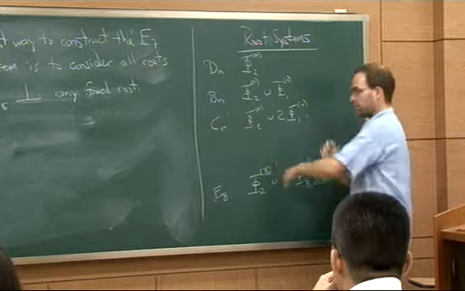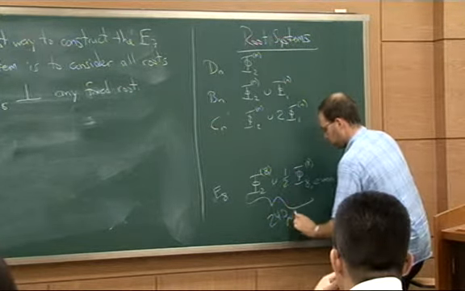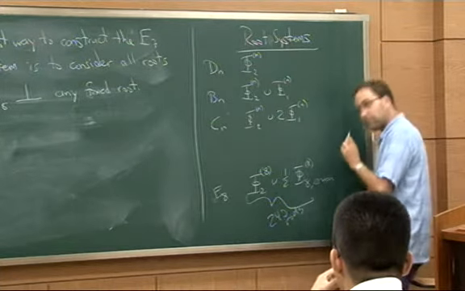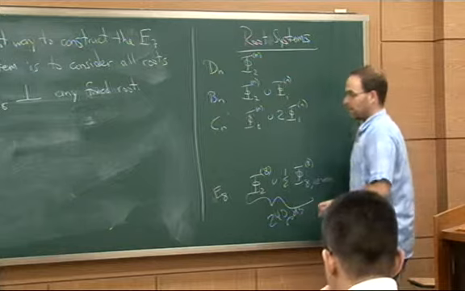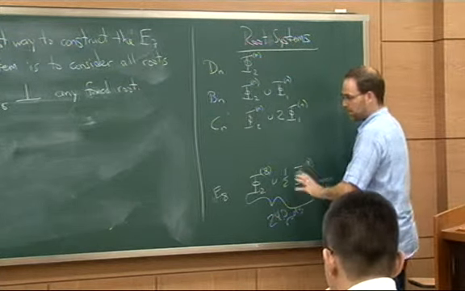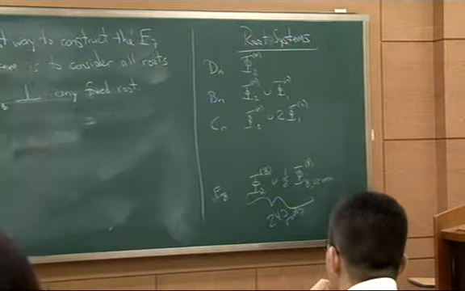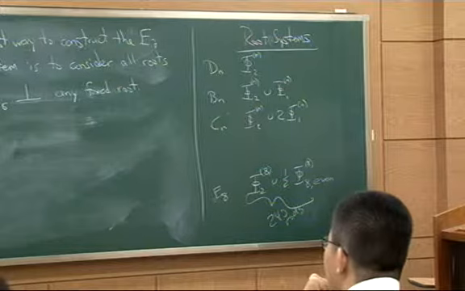This set of 240 roots is very, very symmetric. Okay? And in fact, let me give you a sense of how symmetric. So we're in 8-dimensional space. We have 8 coordinates.